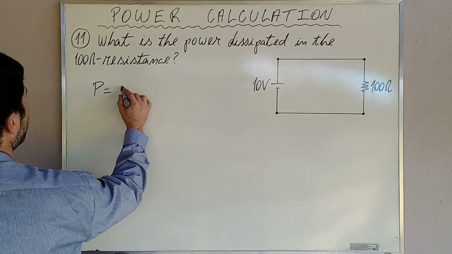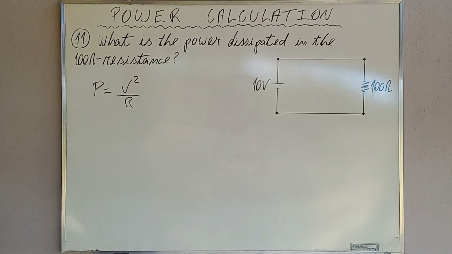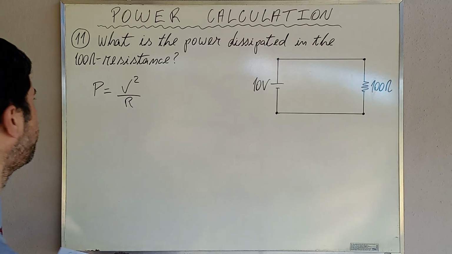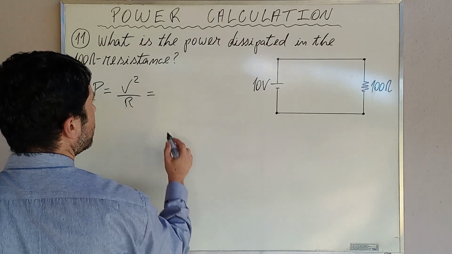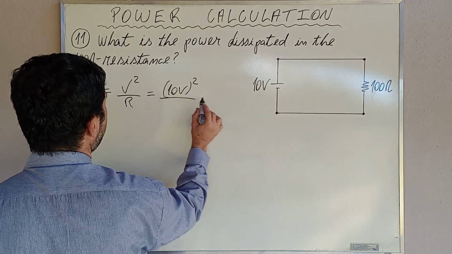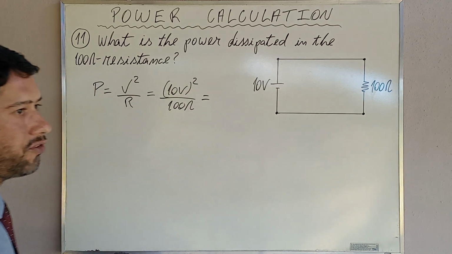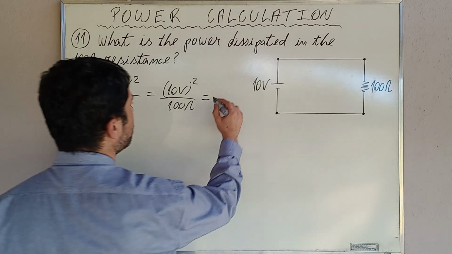P is equal to V squared divided by R. We know the value of V and the value of R. We simply use the values provided by the exercise. It is 10 volts squared divided by 100 ohms, and this is equal to 1 watt.